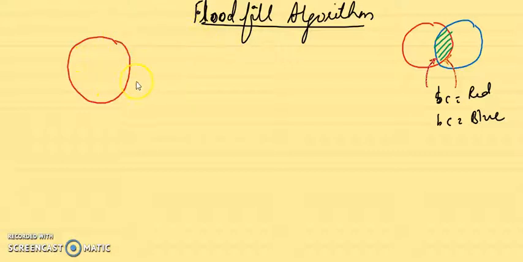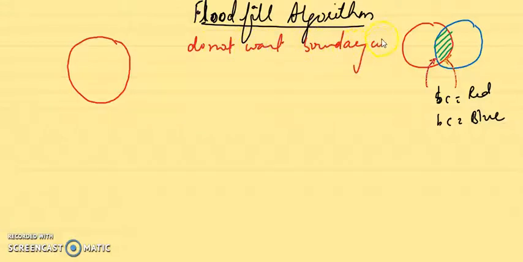Now in flood fill I am not interested in boundary color, so we are not going to concentrate on boundary color. So this is what I do not want in case of flood fill algorithm. So let this boundary be red, let this boundary be a multiple colored boundary. We are not interested in that.